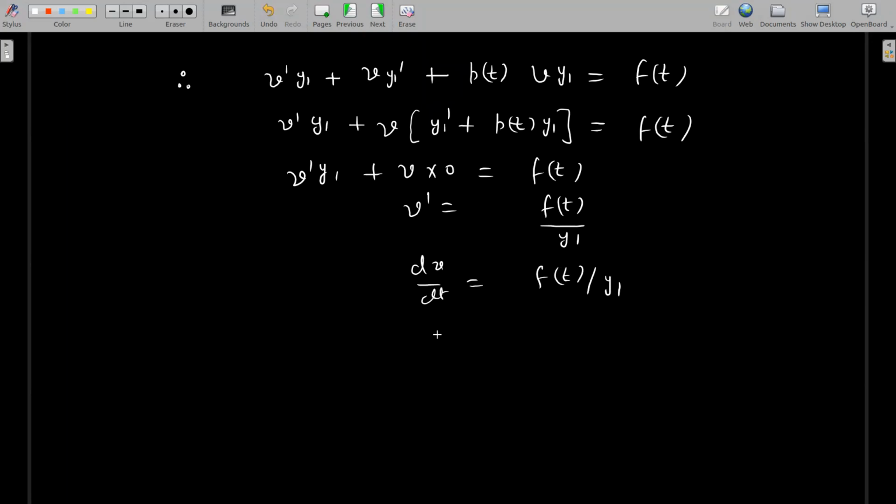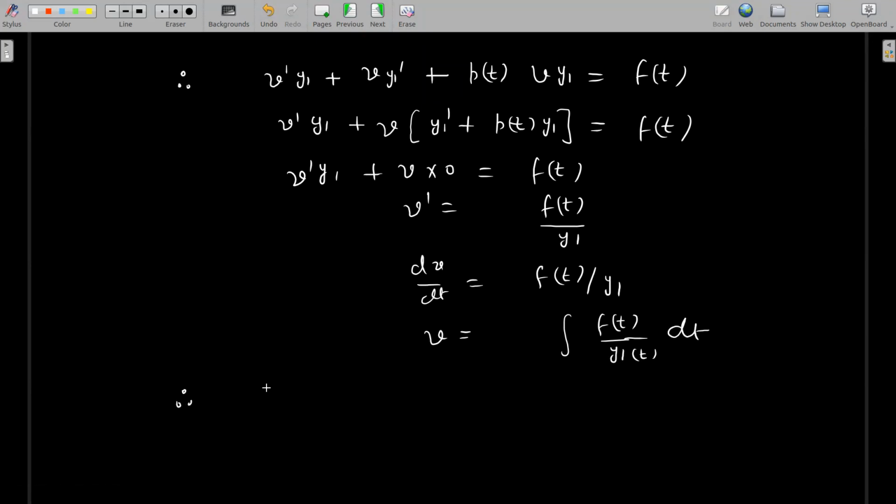And on integrating, what you got? V equals to integral of f by y1. Y1 is also a function of t, you can write, and then dt.